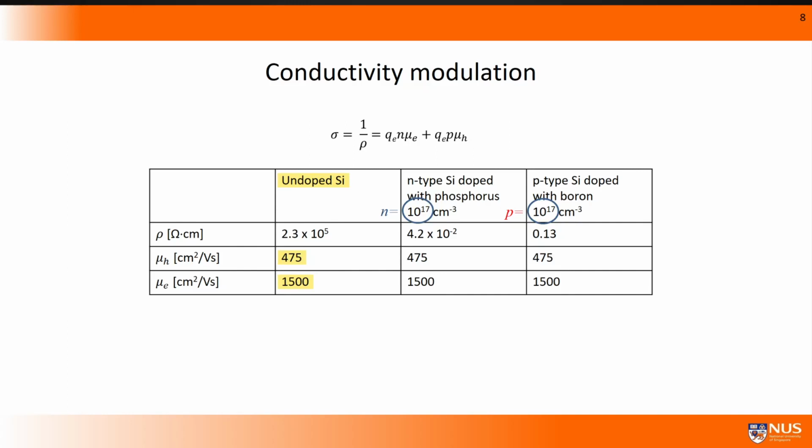What has changed is that in the case of phosphorus, N, for example, is now increased to 10 to the 17th power per cubic centimeter, and of course in that case P would be negligible. Or in the case of boron, the hole concentration, P, might now be increased to a huge amount, whereas N in that situation would be negligible.